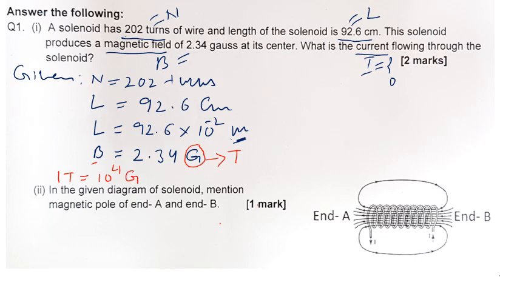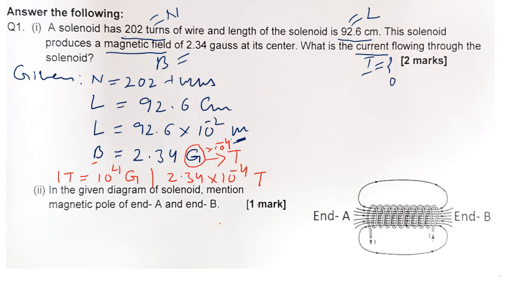So here you are changing this Gauss to Tesla. This value is 2.34 multiplied by 10 to the power minus 4, and this will be converted to the Tesla. So when you are changing from Gauss to Tesla, you have to multiply by 10 to the power minus 4.